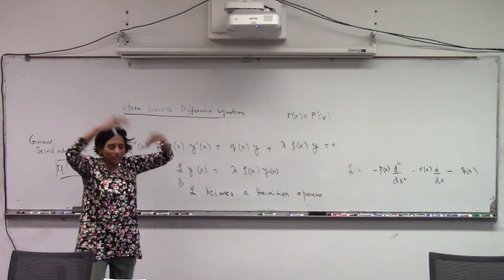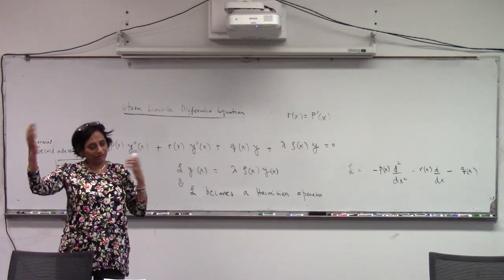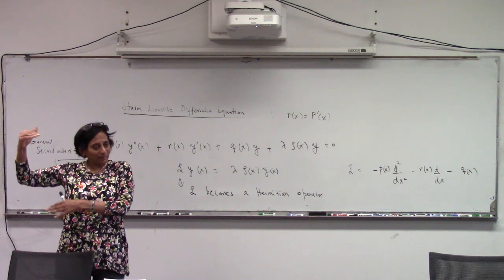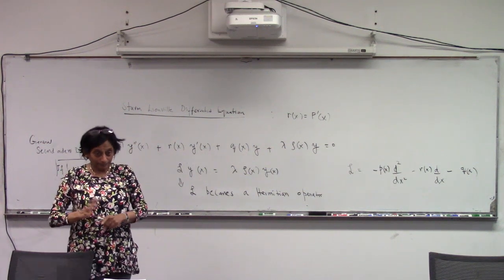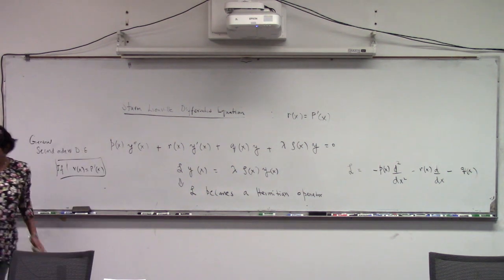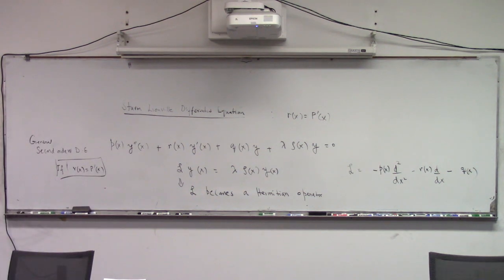Without going through the generating function approach, which was a very complicated process to find the orthogonal property, if we are able to convert this into Sturm-Liouville form, then we can make equations satisfy R(x) equal to P prime(x), as I'm going to show you.